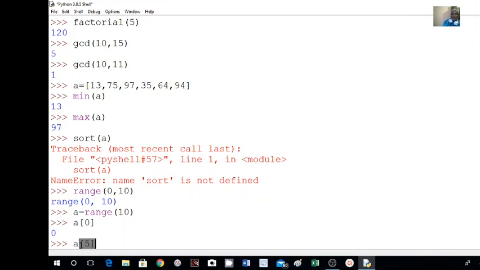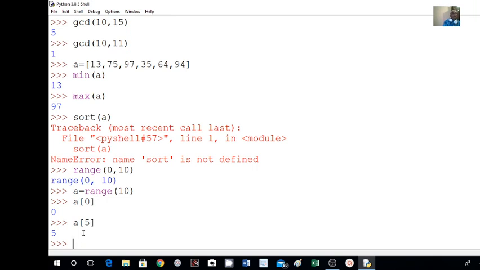A5, this is equal to 5. Okay, that means here this is nothing but 0, 1, 2, 3, 4, 5, 6. This is a list consisting of totally 10 elements. Just if I give range here, then A is treated as a list consisting of the 10 elements. The first element is 0 and the last element is 9.